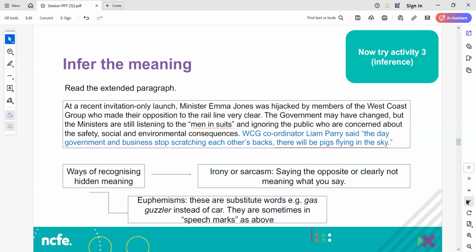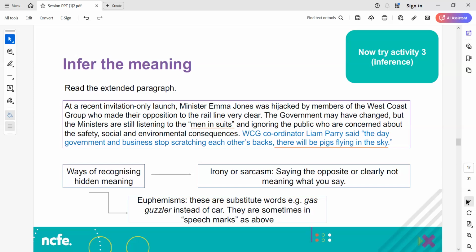So we've got some additional features here. So again, ways of recognizing a hidden meaning. So irony or sarcasm. So if you see that the writer is saying the opposite or clearly not meaning what they say, then it's likely that it's biased here.